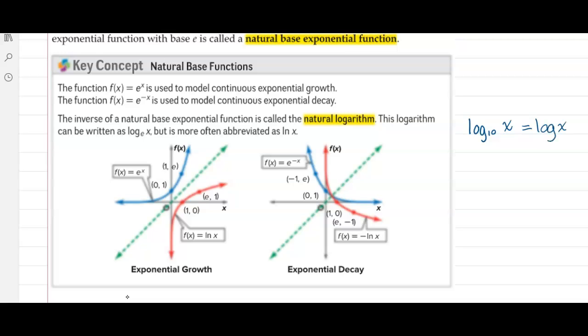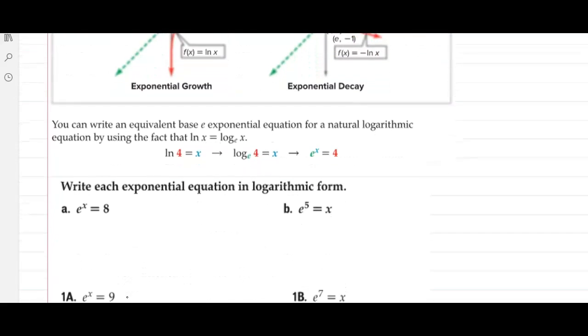Think of natural logarithms as a shortcut. We could write log base e of x, but that takes 4 letters. Instead, I can just use natural log ln. I know it's kind of backwards, you'd think it would be nl. Natural log of x is the same thing. It's just a logarithm that has this special 2.71 number as its base.